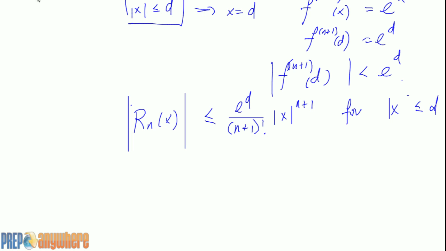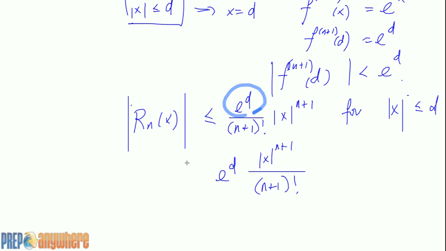This is a constant. We don't need to worry about this. So let me just rewrite that as e to the power of d and x to the n plus 1 over n plus 1 factorial. Let's find the limit of this.